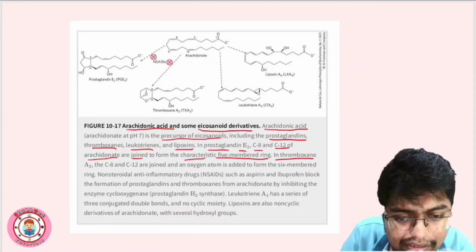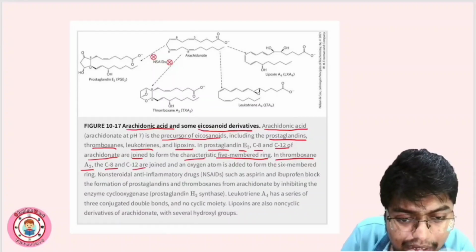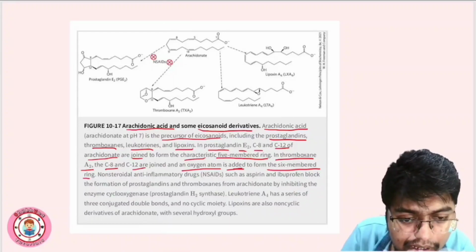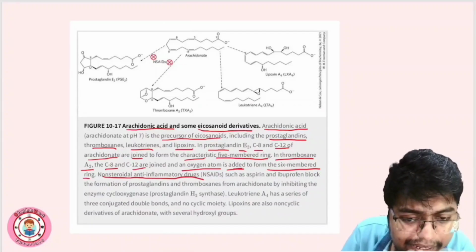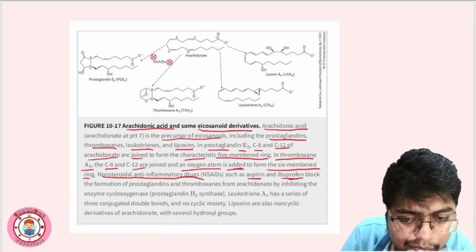In thromboxane A2, right, C8 and C12 are joined and an oxygen atom is added to form a 6-membered ring.